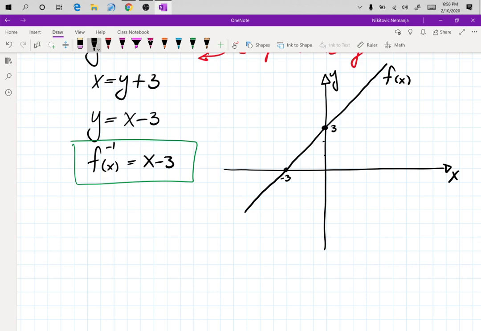Now, I also need to graph x minus 3. And x minus 3 is here.